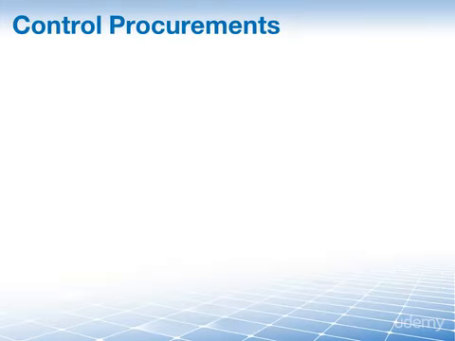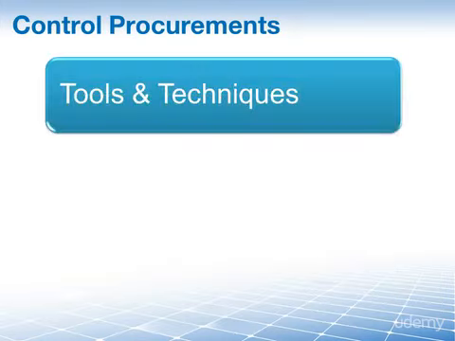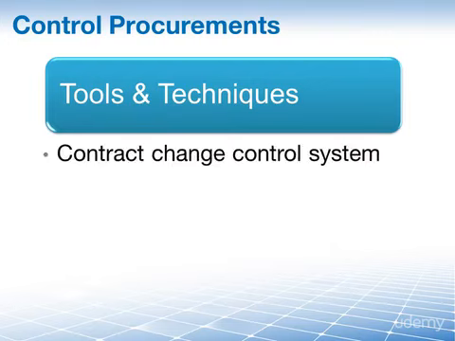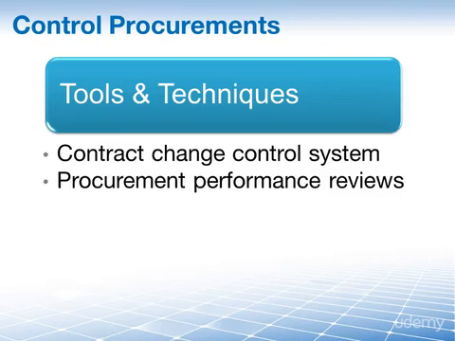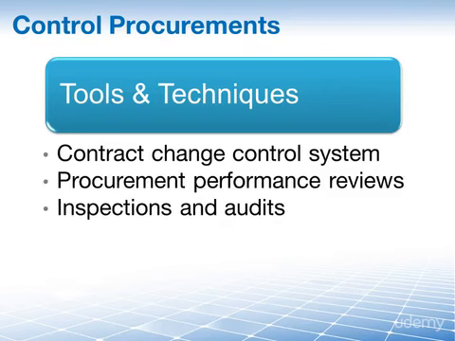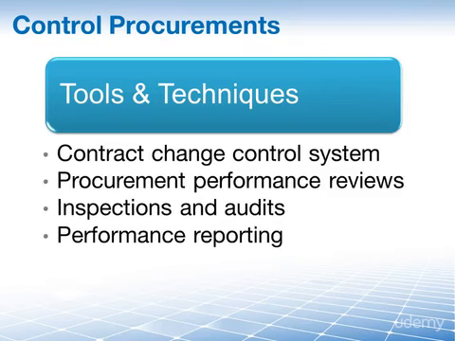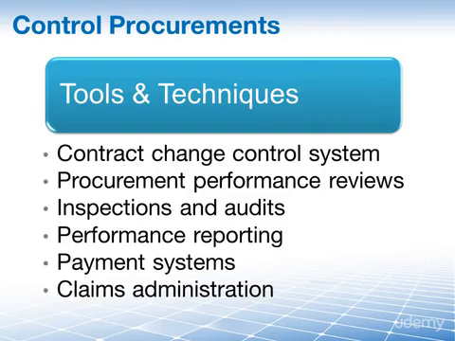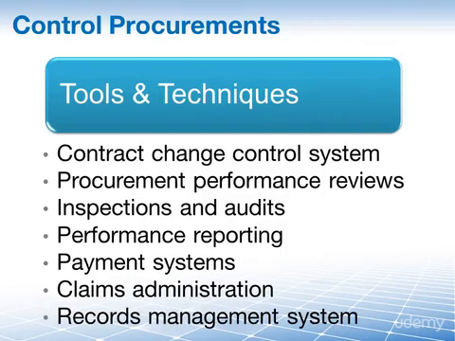If you remember from part 1, when we looked at the ITTO overview, we saw that we have a large number of inputs, tools and techniques and outputs. To be precise, we have 7 tools and techniques to look at. Contract change control systems, the procurement performance reviews, inspection and audits, performance reporting, payment system, claims administration, and the records management system.